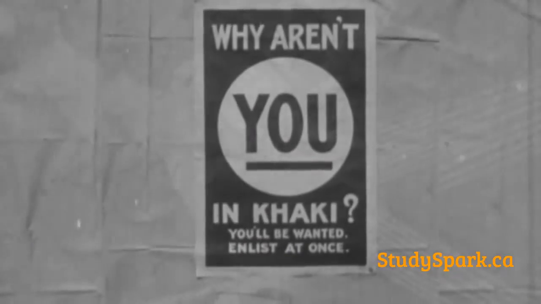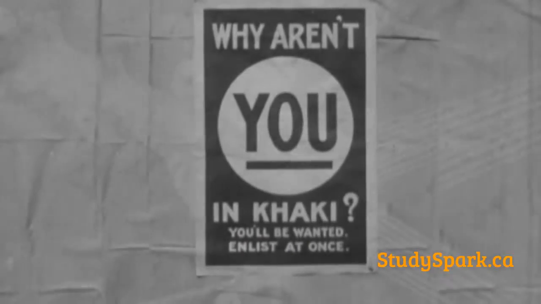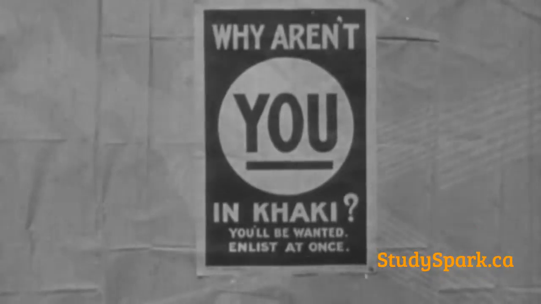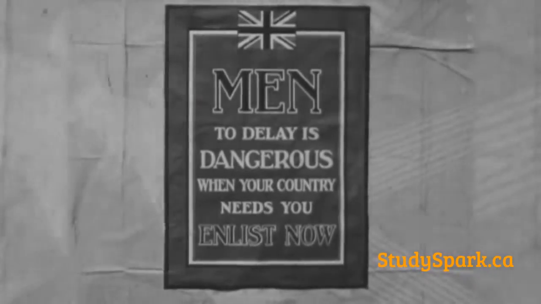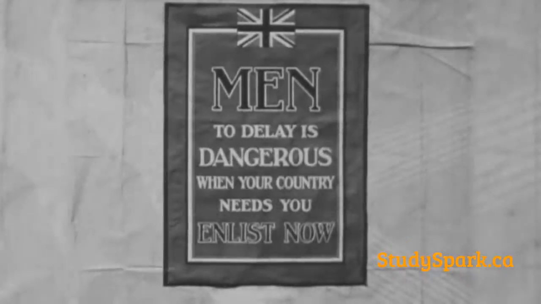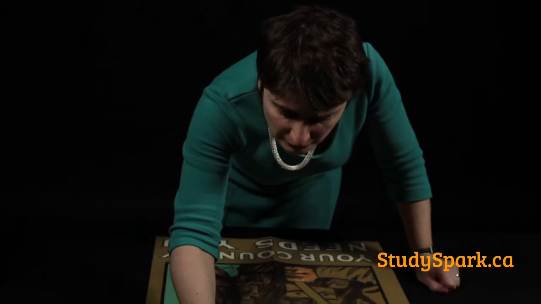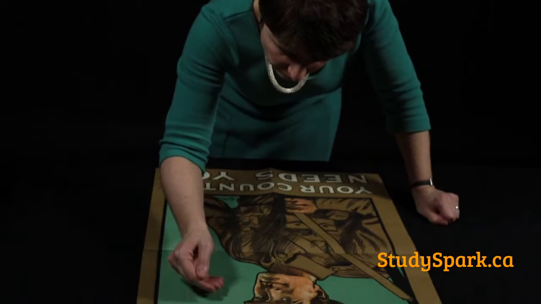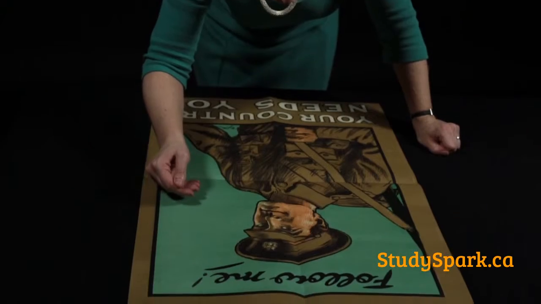It's our moral duty to go and help the people of Belgium and France. It also focused on your duty to one another, to the community, to the country, that if others were going, why were you not going?